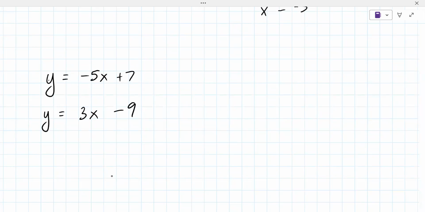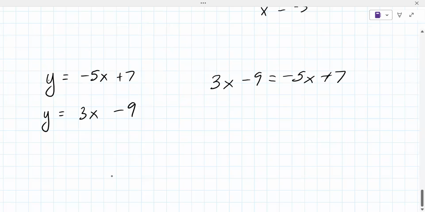Let's see, 5x plus 7 equals 3x minus 9. So, oh wait, that's a negative 5, right? Okay. So minus 3x and negative 9. So negative 3.